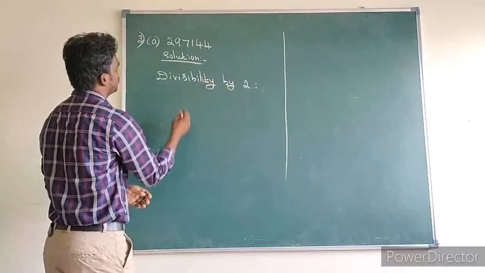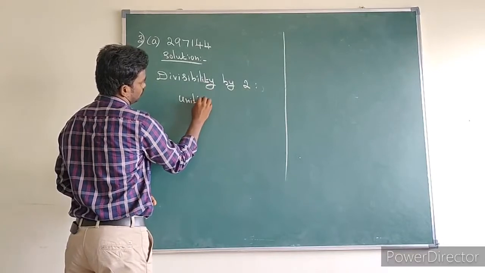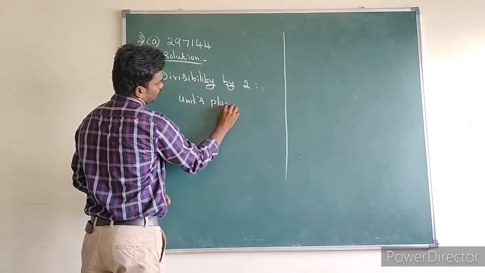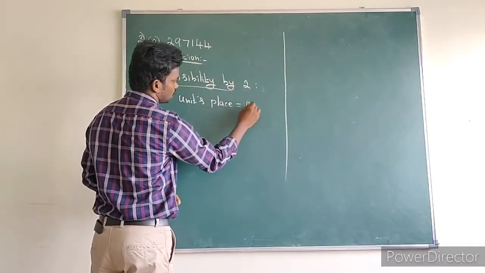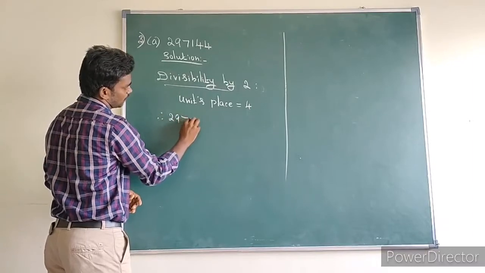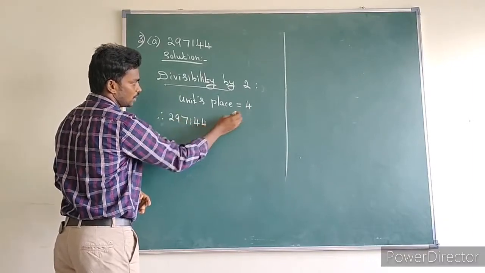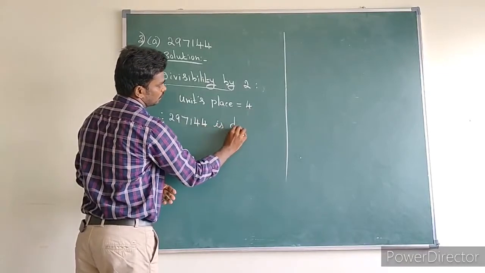First, divisibility by 2. Units place equals what? 4. The unit place is an even number, so this number is divisible by 2.